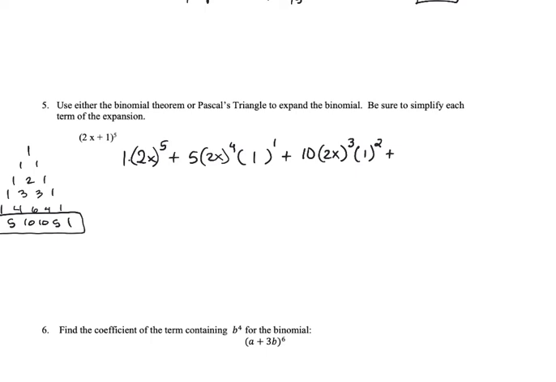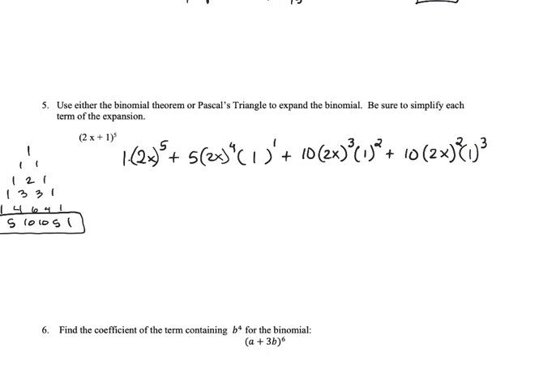And we have another 10 as a coefficient. Again, we're just getting these from the bottom row of this Pascal's triangle. And for this term, 2x is raised to the second power and 1 is raised to the third power.